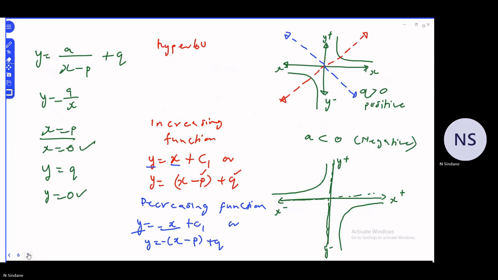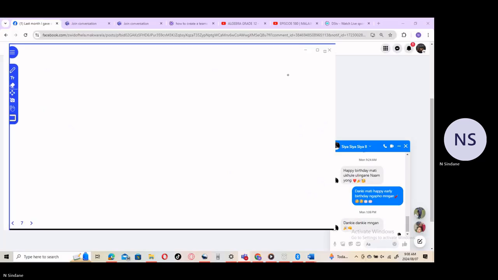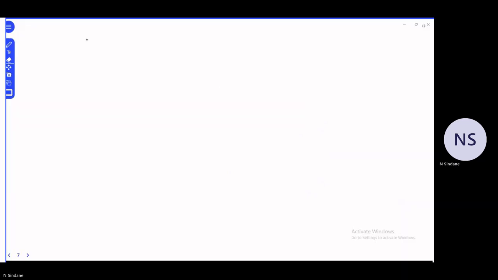Then let's move to the next part: the domain and range of the graph. If I have something like this, my domain here, my range here, my domain and my range.